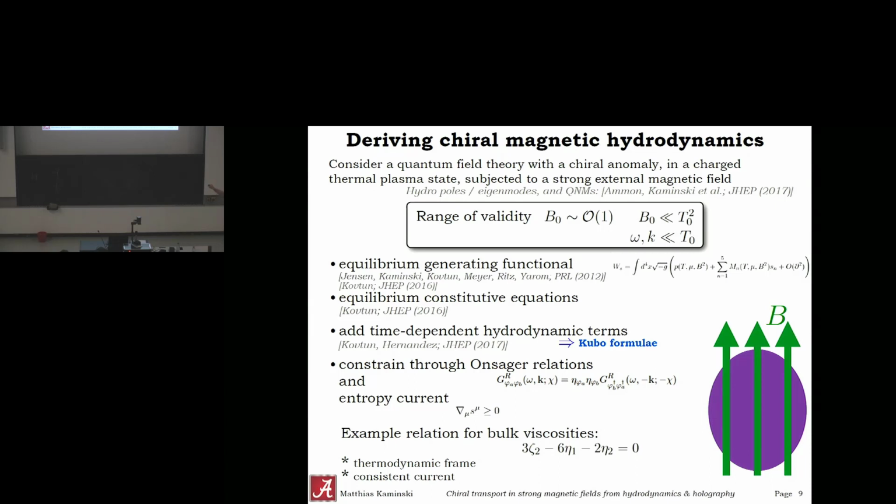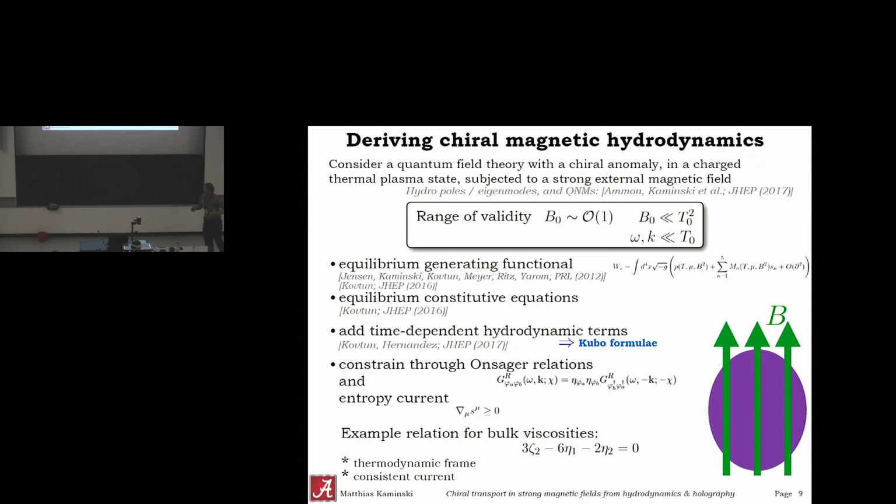From that, you get the full one-point functions or constitutive relations for your hydrodynamics, from which you can then derive Kubo formulas, just like I had illustrated on the previous slides. So Kubo formulas relate your transport coefficients on one hand to two-point functions on the other.